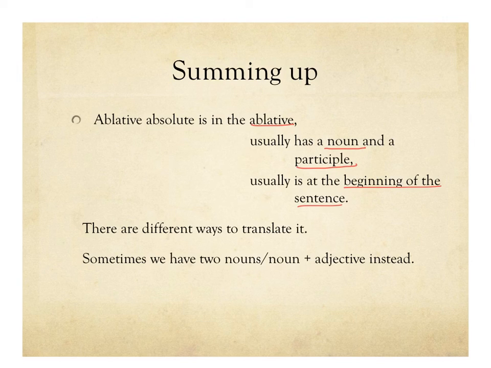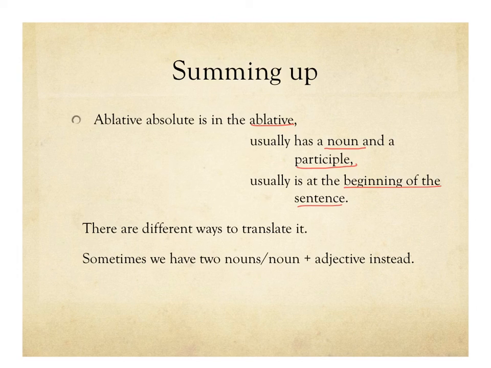We can sometimes have a sandwich, but we'll know because we have these two words, the noun and the participle, set off by a comma, that all of that is going to go together. It all has to form one idea.